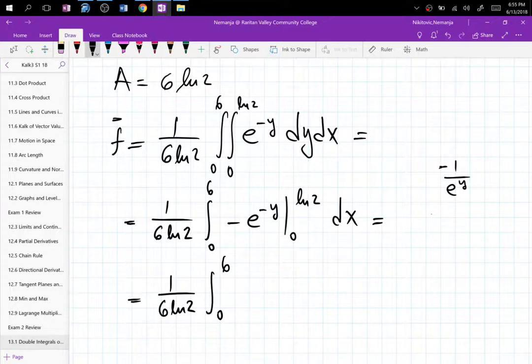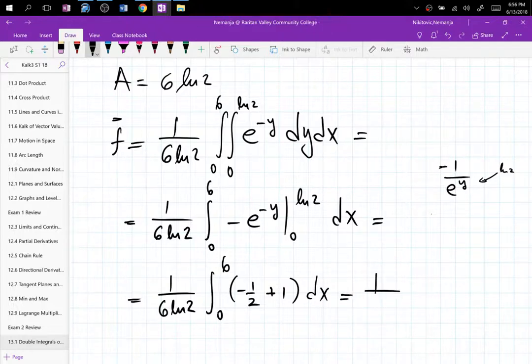So when I plug in ln2, ln and e cancel and I just get negative 1/2. And then we have minus. When I plug in 0, e to the 0 is 1, so it's plus 1. I have a negative from the formula and a negative in front of e.